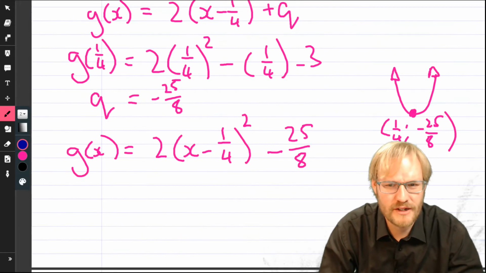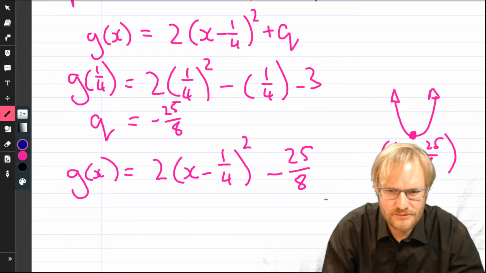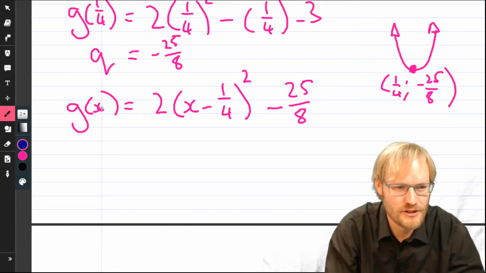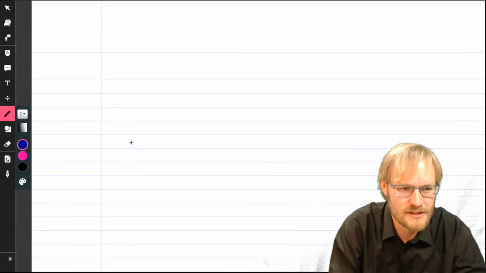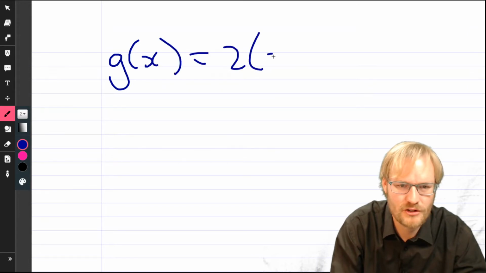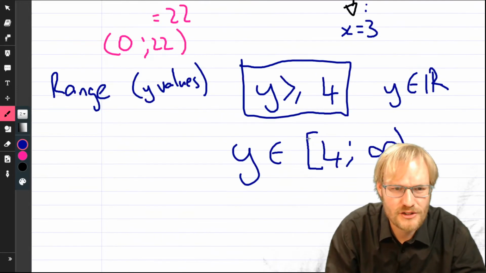What about this previous one we ended up with? This one here with this fraction. Going to be a bit more fun, right? So let's do it. g of x equals 2. I'm just going to rewrite it down here. g of x equals 2, I think it was (x minus a quarter) squared. And then it was minus 25 over 8.